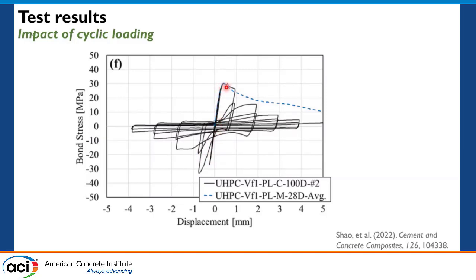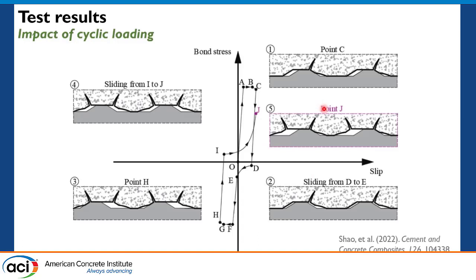While after reaching the peak load, during the descending branch, the reverse cyclic loading causes more rapid degradation, making the bond stress decline faster compared to the monotonically loaded specimen. And that is caused by the reverse damage during the cycle.